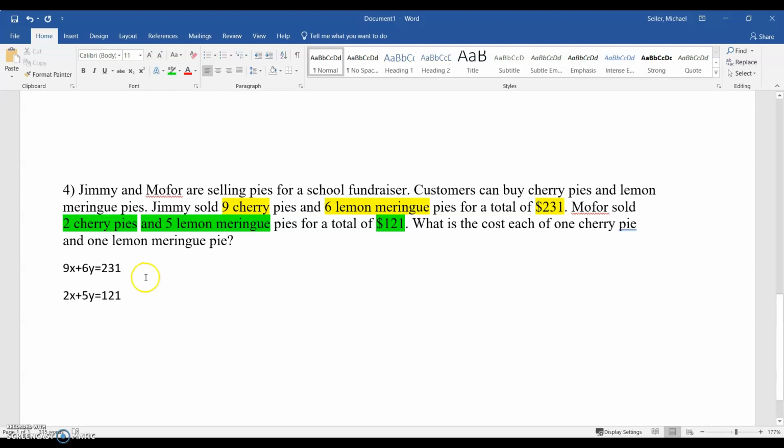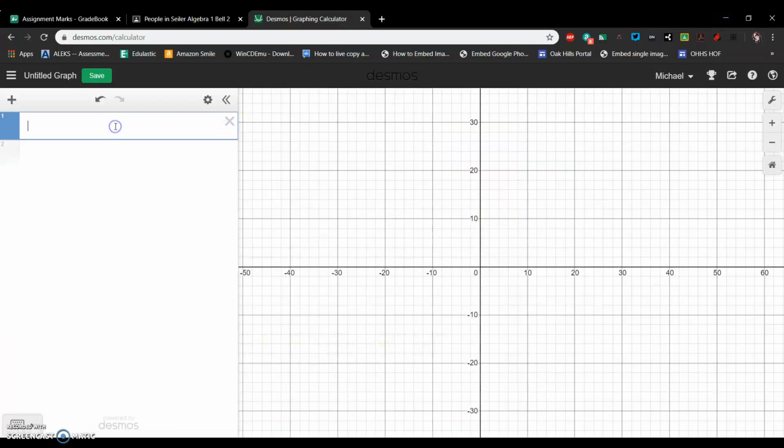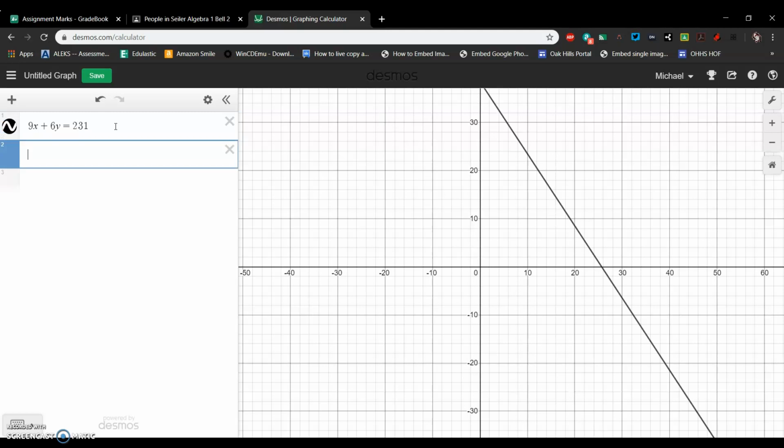Okay, last one for Desmos. 9x plus 6y equals 231, and 2x plus 5y equals 121. Now, something also to keep in mind, since we're dealing with numbers of people or tickets, you're never going to have answers that are negative numbers.